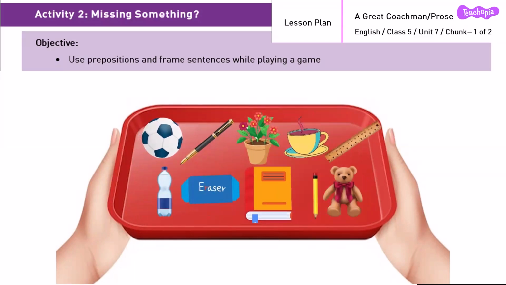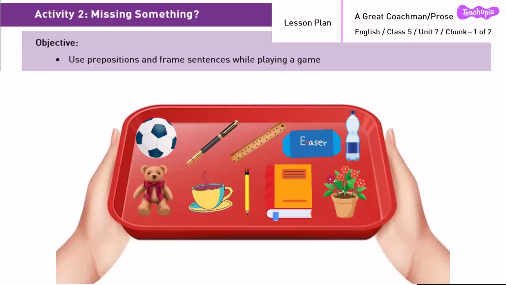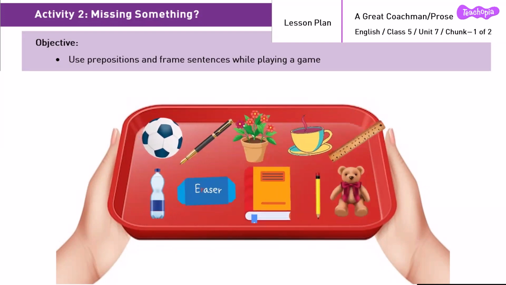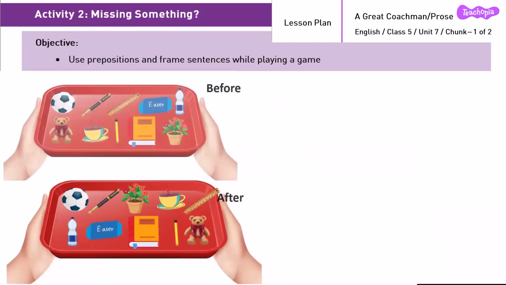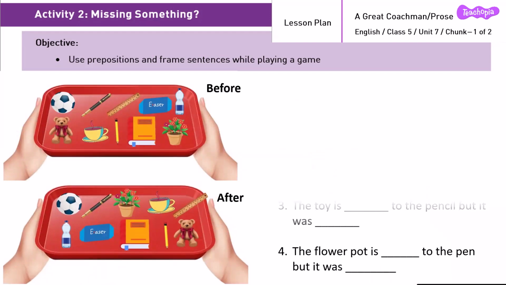Once the students have looked at the objects, you then shuffle the objects. You move the objects around so that they have changed their position from where they were earlier. Now, you can quiz the students. You can ask them what the arrangement was before I shuffled and what the arrangement was after I shuffled.